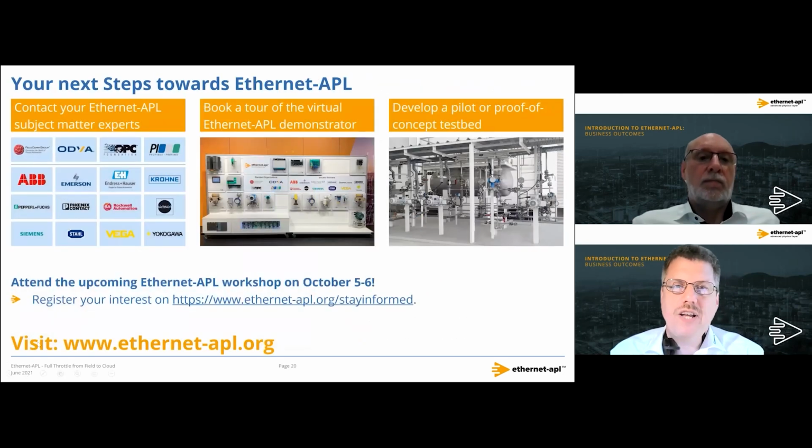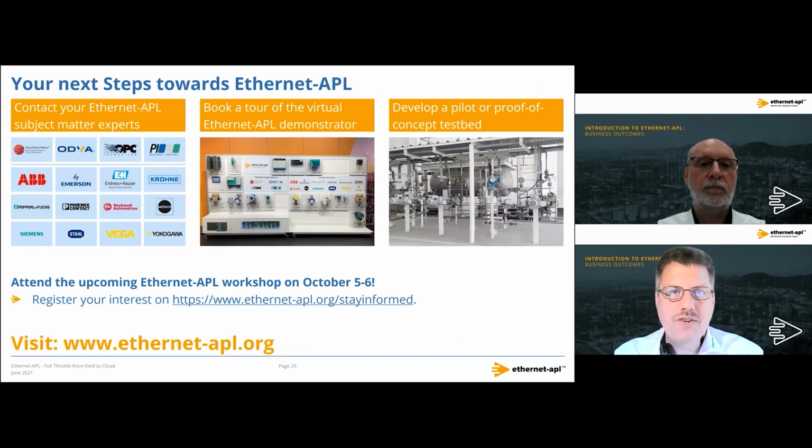So what would be your next steps to deploy Ethernet APL? There are a couple of options. If you are a vendor, connect with the experts of Ethernet APL to learn how to get involved. If you're a plant operator, connect with the subject matter experts to figure out how to develop a plant, or possibly as a first step, take a virtual tour of our Ethernet APL multi-vendor demonstrator.